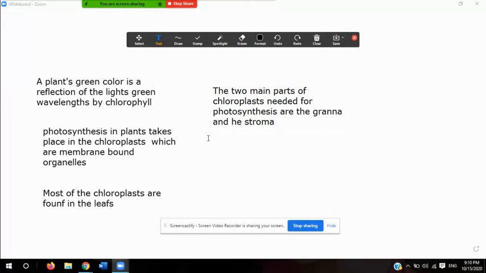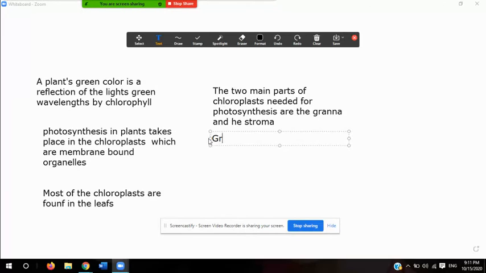And again, the chloroplasts are located mainly in the leaves, although that's not the only place where they are. The two structures are the grana and the stroma. The grana are stacks of coin-shaped membrane-bound. Excuse me, grana. Let me write that down, before I forget what I was reading, so I can explain it to you guys better.